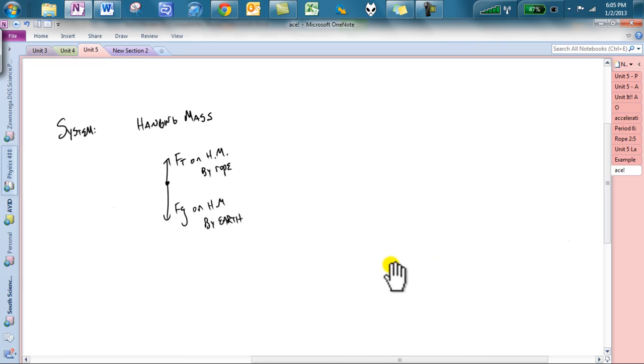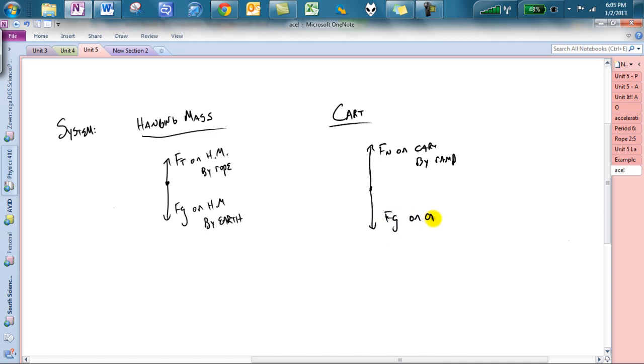Next system is going to be the cart. In this situation, if I'm going to look at the cart, on the cart we have an FN going up on the cart by the ramp. We have an FG going down on the cart by Earth. I know those 2 are equal because they're balanced and it's not accelerating up or down.